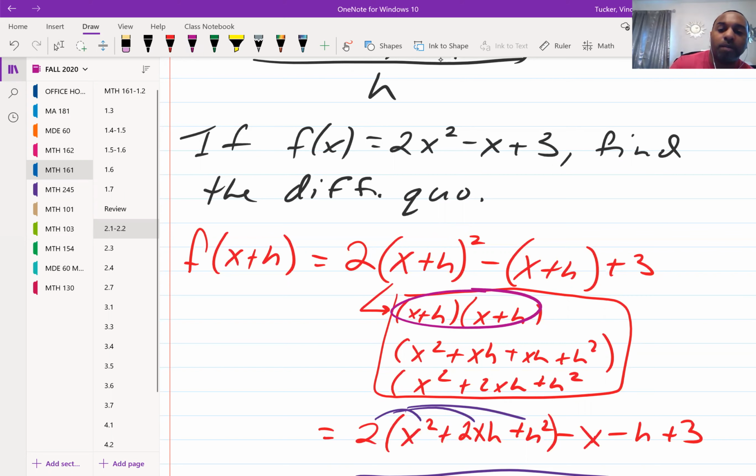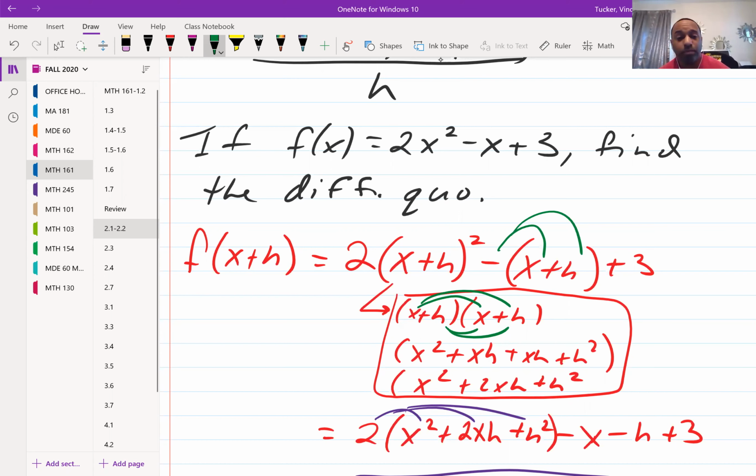x squared, not x squared, x plus h times x plus h. So when you fold that out, we're talking about x times x, x times h, h times x, h times h. You get that expansion, and then also we have to distribute this negative to each term. So we took x plus h, plug it into f of x, and we need to expand it out.